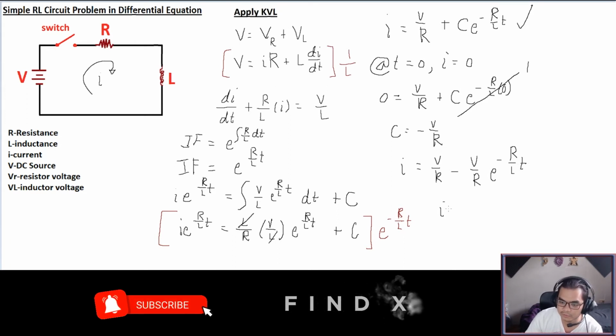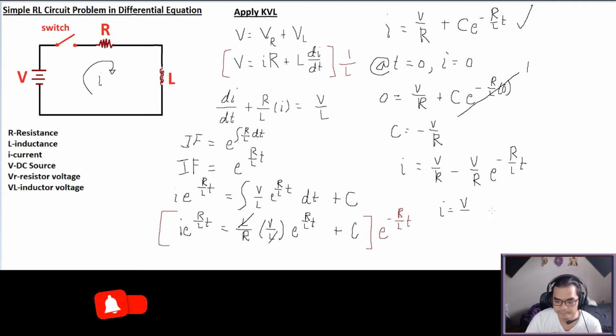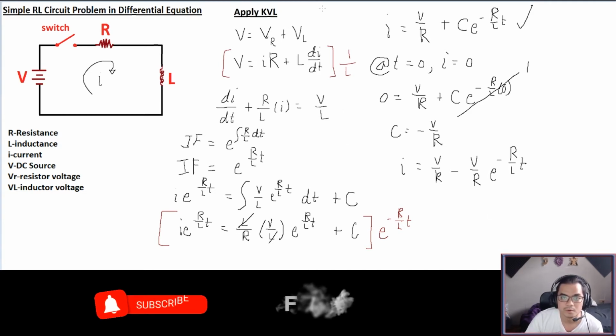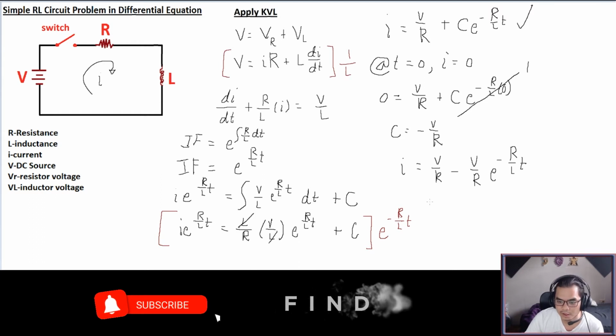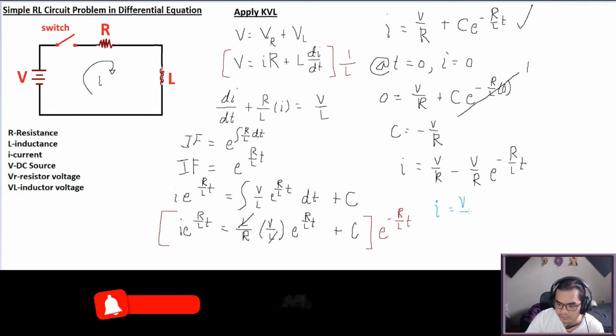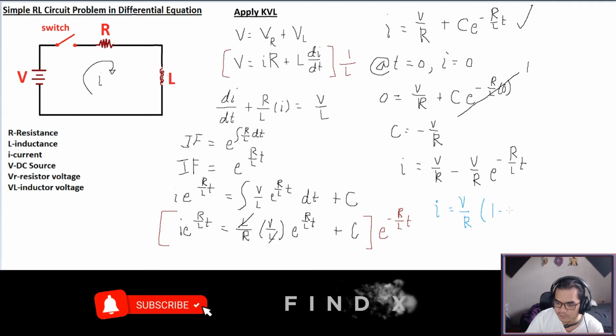I can factor out V over R. Factoring out V over R, you will be left with inside, 1 minus e raised to negative R over L times the time.